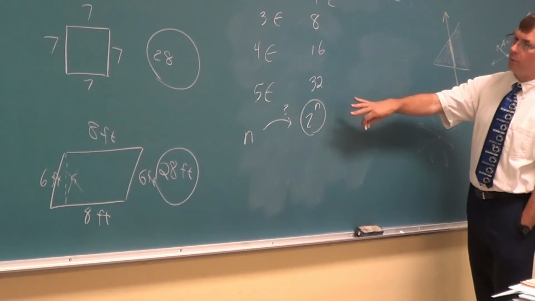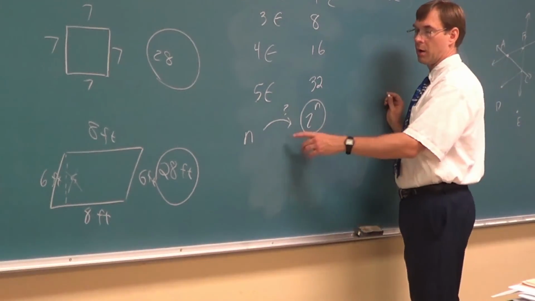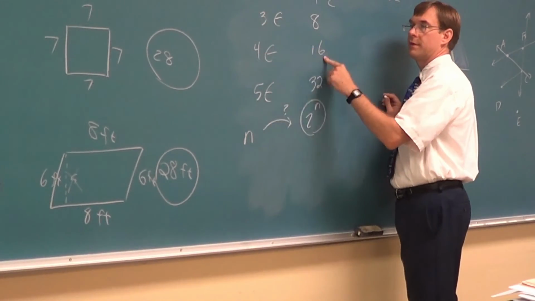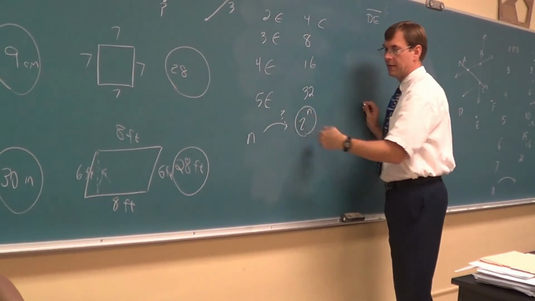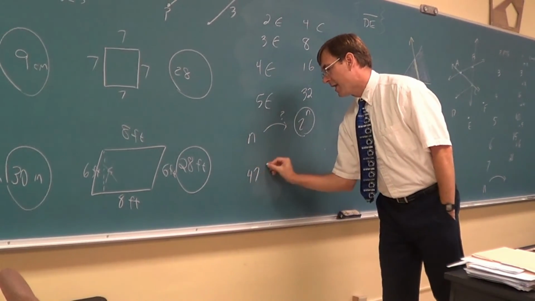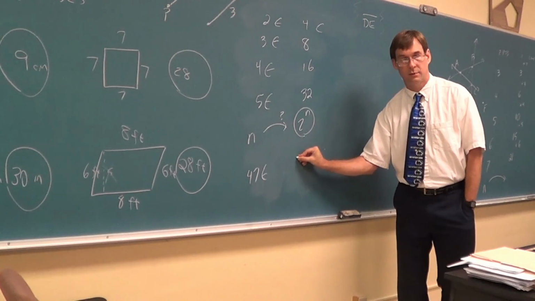I'd say 1 out of 100 or 1 out of 1,000 people might get that right on their own in the homework. But it's 2 to this power. 2 to the 5th makes this, 2 to the 4th is this, 2 to the 3rd is this, 2 to the 2nd is this. That's how those feed into that. So if I'd say to you, there's 47 elements, how many subsets would you get?